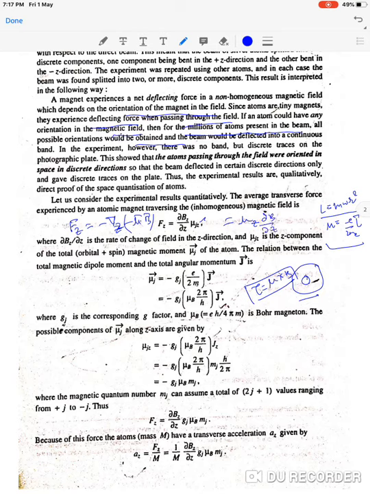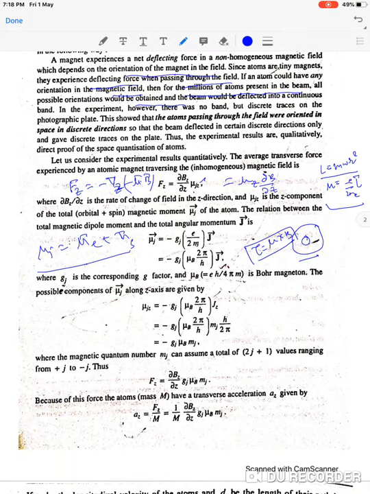Now mu z is the magnetic moment we can consider, but we need to consider that J value, mu J. We already know that mu J is a composition of mu L and mu S, and we calculated this in the Zeeman effect as well.